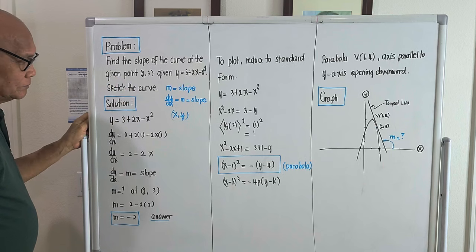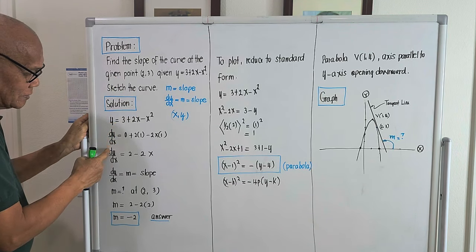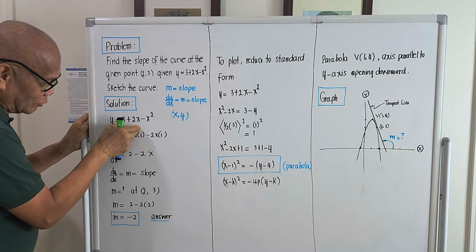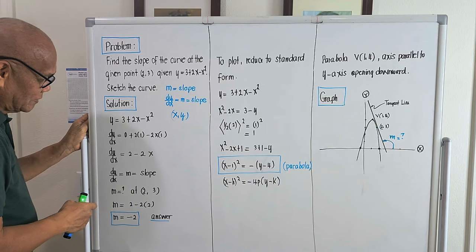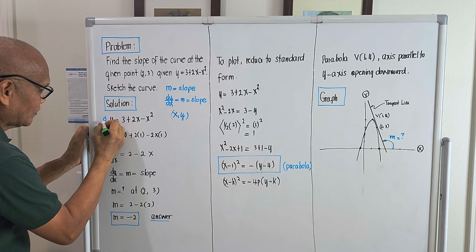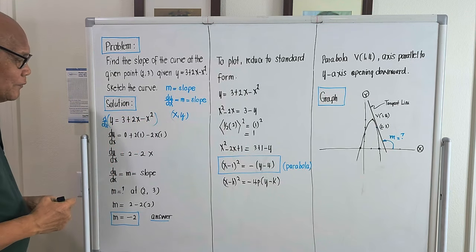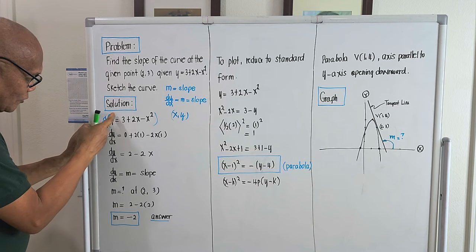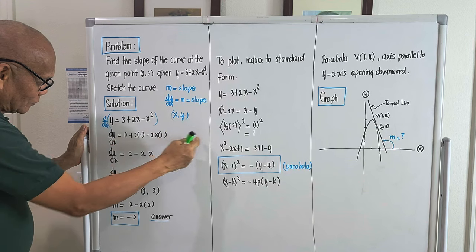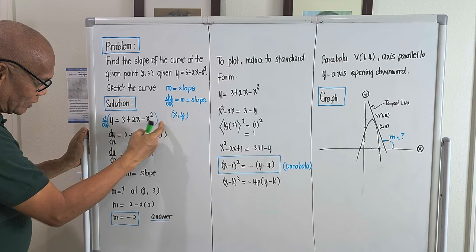Taking the first derivative, the derivative with respect to x of y will be dy/dx. And the derivative of the right hand side will be the derivative of the individual terms. We take the derivative with respect to x of all the terms. So the derivative of y with respect to x will be dy/dx, and the derivative of the right hand side will be the derivative with respect to x of 3 plus 2x minus x squared.